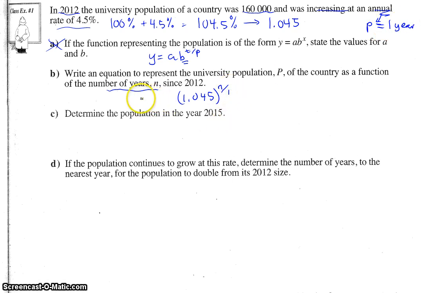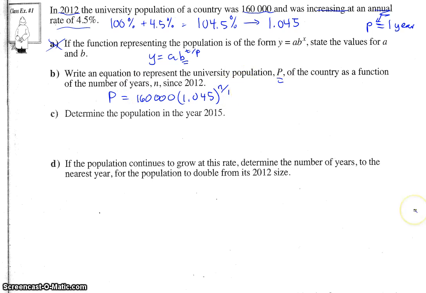Now what goes in front? Our initial amount. Did they tell us the initial amount? Yes, they did. 160,000 would go in front as our A value, and they want us to use P for population instead of Y. So there we go. And this n over 1, you don't really need that. You could just write that as n.